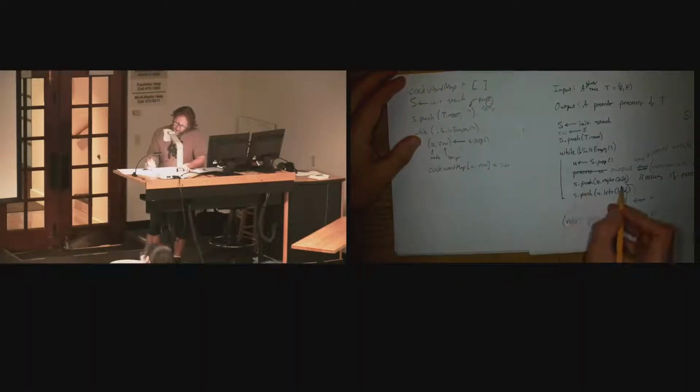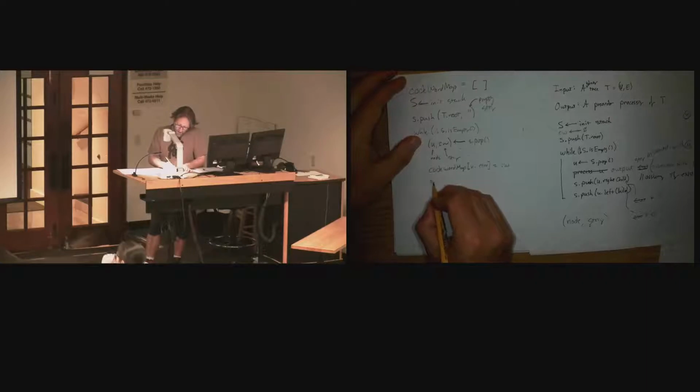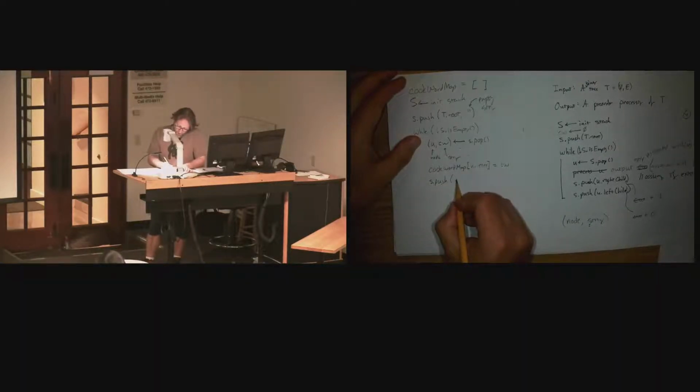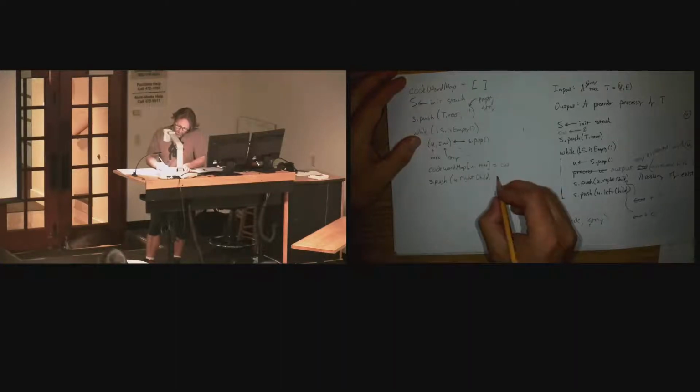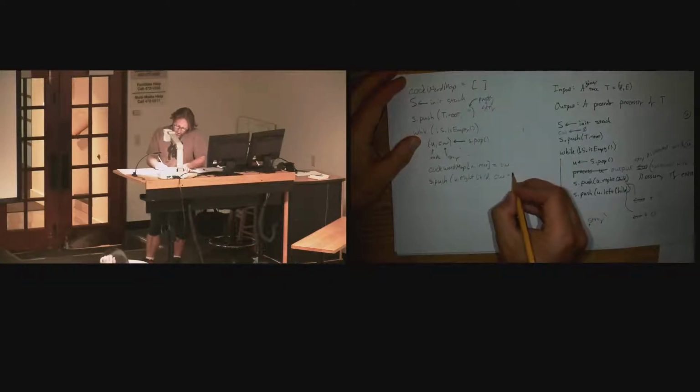And then I need to push the right child, but when I do that, I need to push a tuple. Push U's right child. And the string that you'll associate it with is going to be CW concatenated with a 1, because this corresponds to going right.